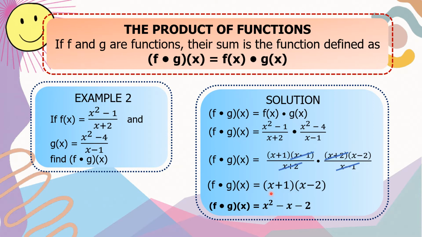Then, i-multiply natin yung extremes. Then, i-combine natin. So, 1x, negative 2x, so negative x. Then, for the last term ng sagot ay last term times last term. So, positive 1 times negative 2 is negative 2. So, f times g of x is equal to x squared minus x minus 2.